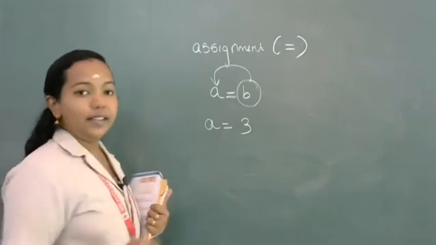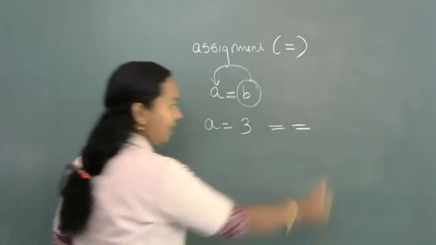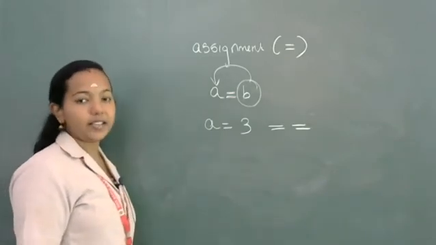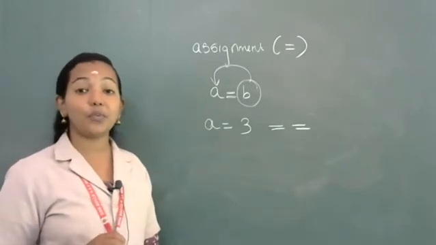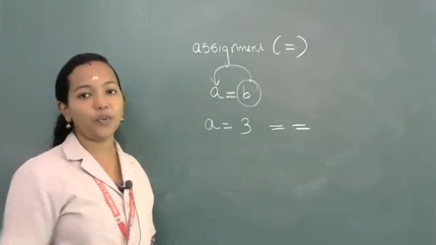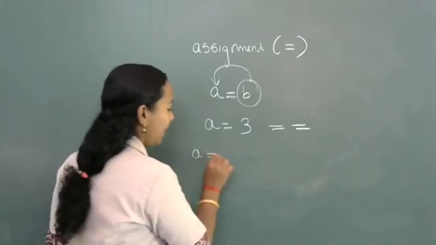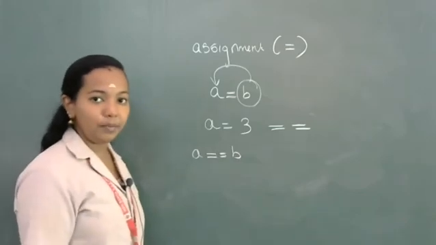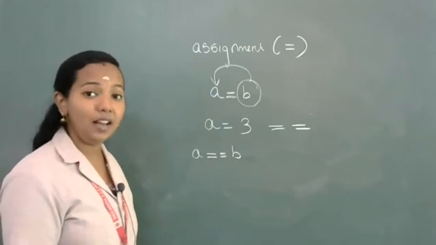Then in relational operators there is one more operator present, that is double equal to. Not single equal to, here the double equal to symbol is present. The double equal to symbol is used for checking equality. If we write A double equal to B, it is not an assignment operator, it is a relational operator.